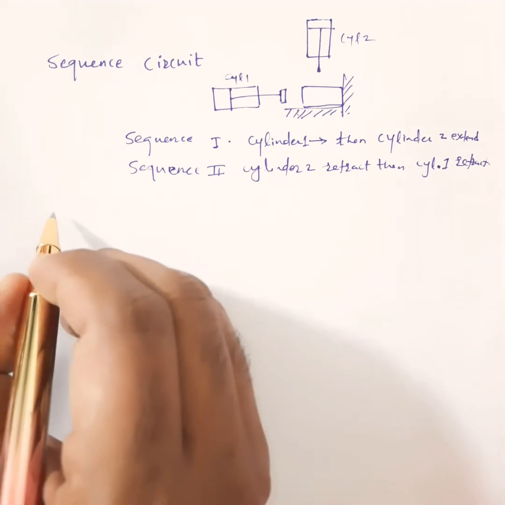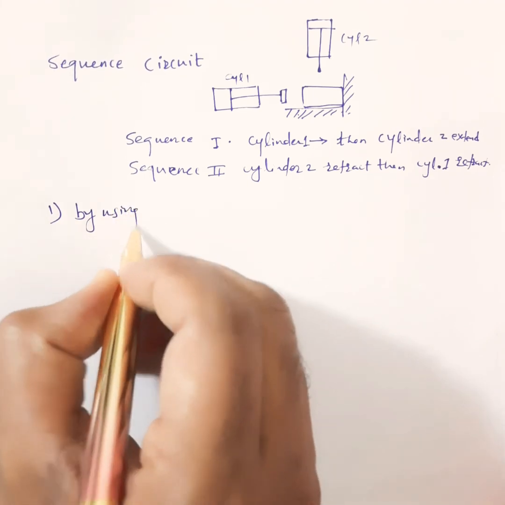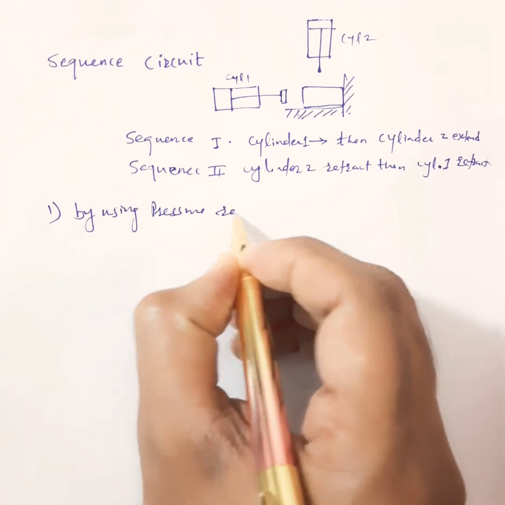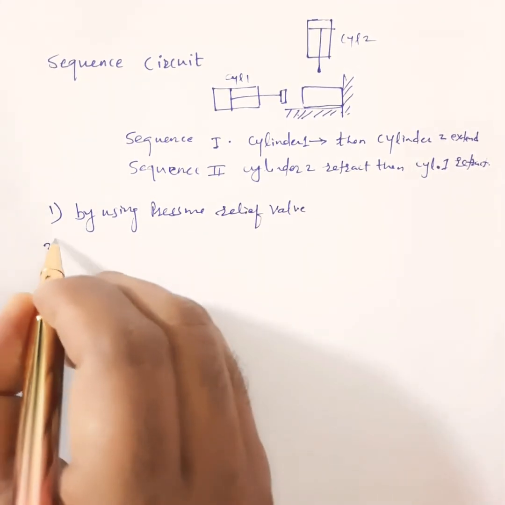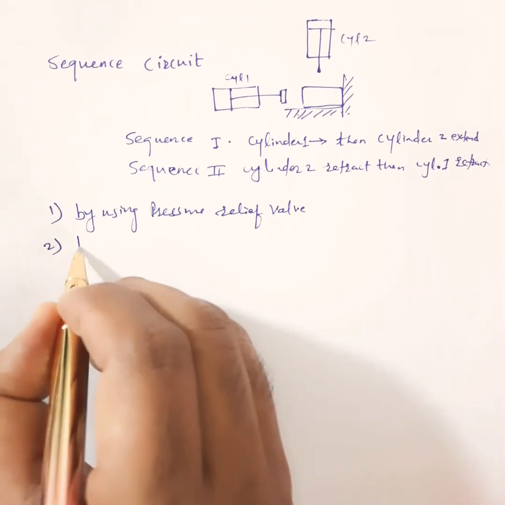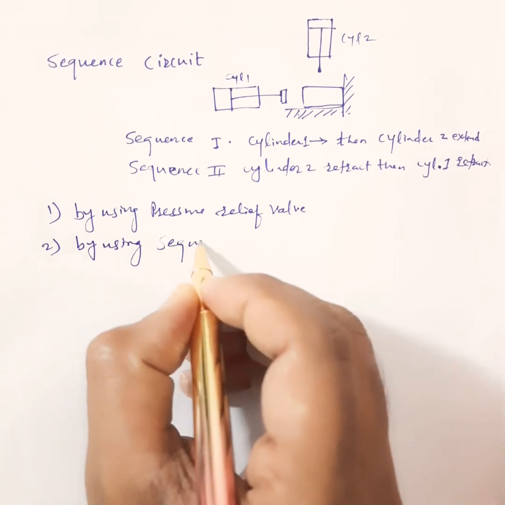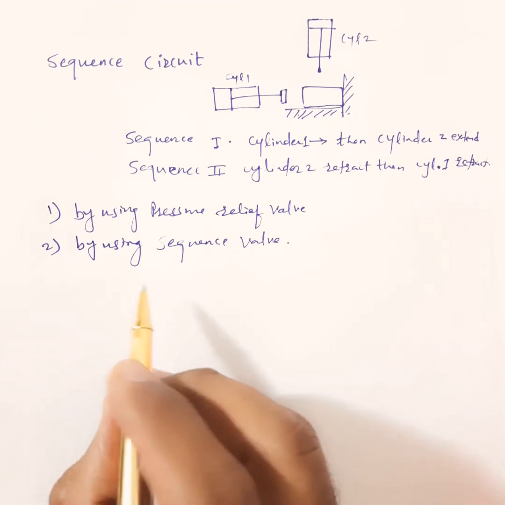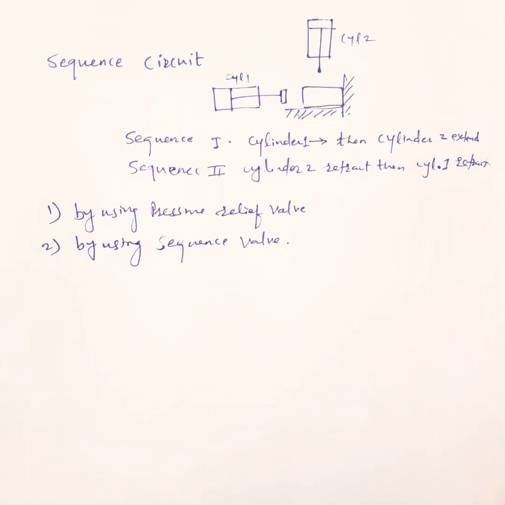First we will see it using a pressure relief valve, and then we'll go to the next video using a sequence valve. In this video we'll see the sequencing circuit using a pressure relief valve, and after that we'll see one using a sequence valve.